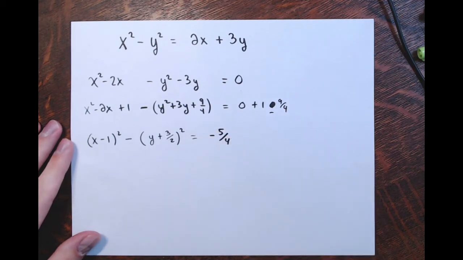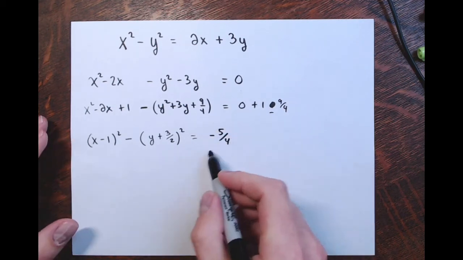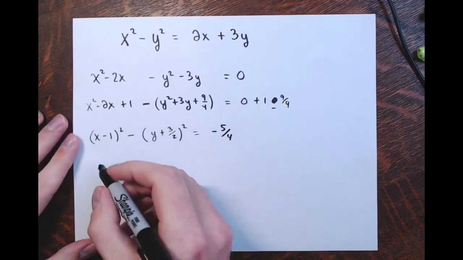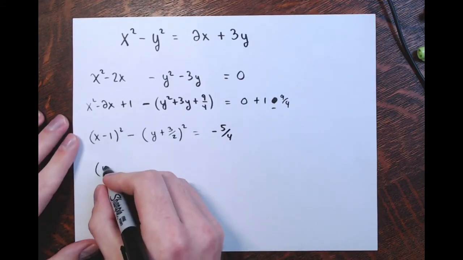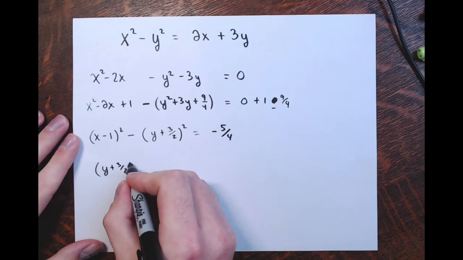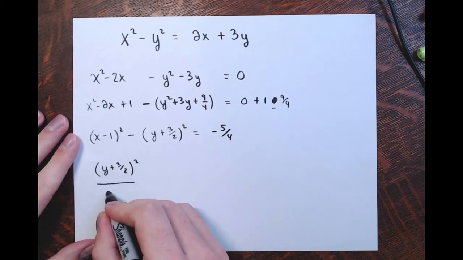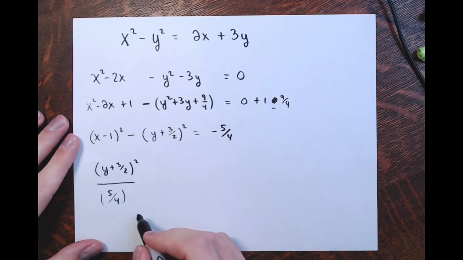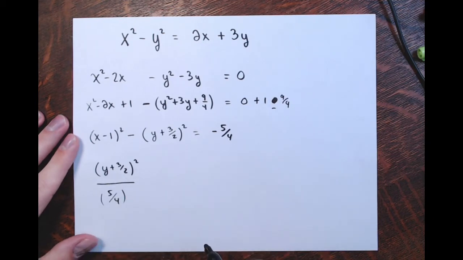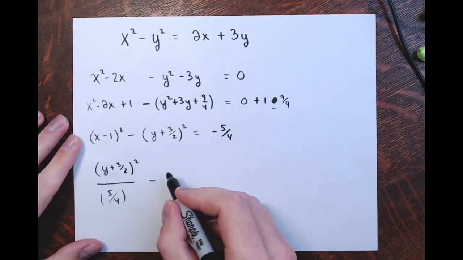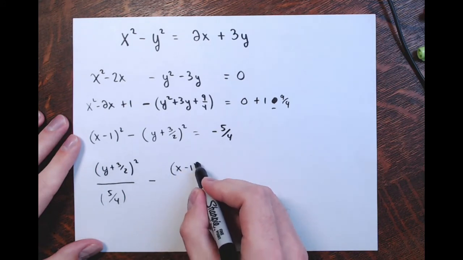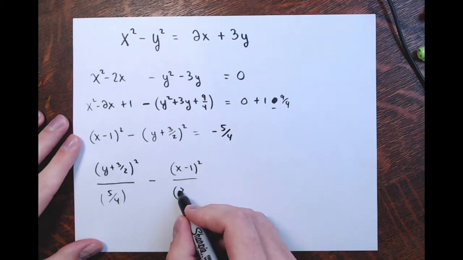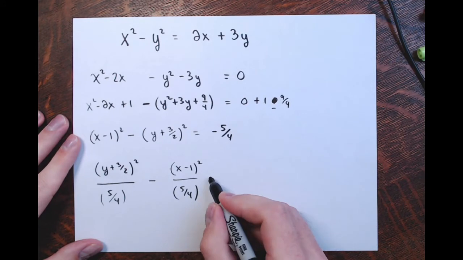Then I would divide everything by negative 5/4, and this would give me, positive, y plus 3/2 squared divided by 5/4, and I'm writing it this way for a reason, minus x minus 1 squared divided by 5/4 equals 1.